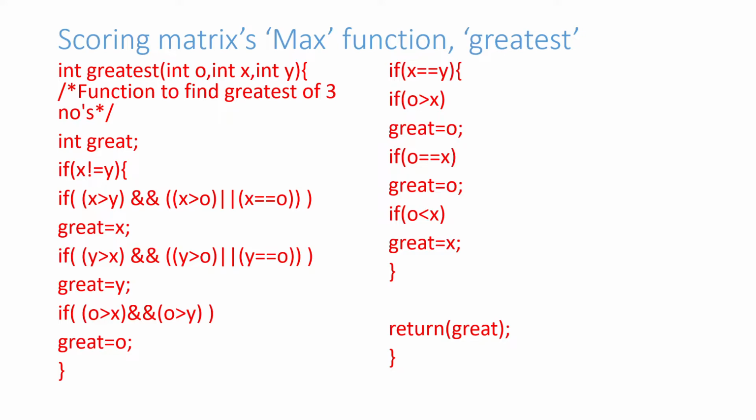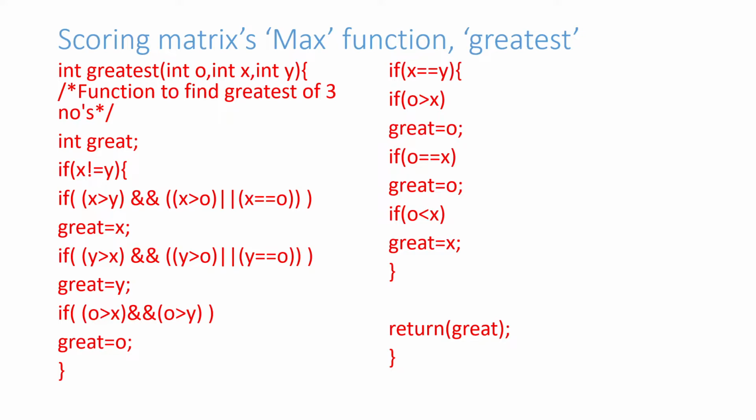It's three variables, judging which of the three is the greatest. So I divided the problem into two, taking two variables at a time, x and y. I divided into two conditions, x not equal to y and x equal to y, and inside x not equal to y I checked for other conditions. Similarly, in x equal to y I checked for other conditions.